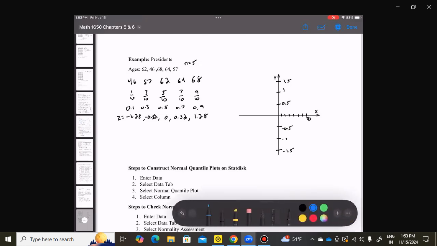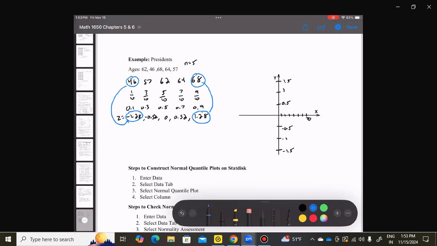Okay. And I'm going to plot each point together. So the 46 goes with the negative 1.28. The 68 goes with the positive 1.28. And 62 goes with 0, and so forth. So negative 1.28 in the y and 46 in the x.